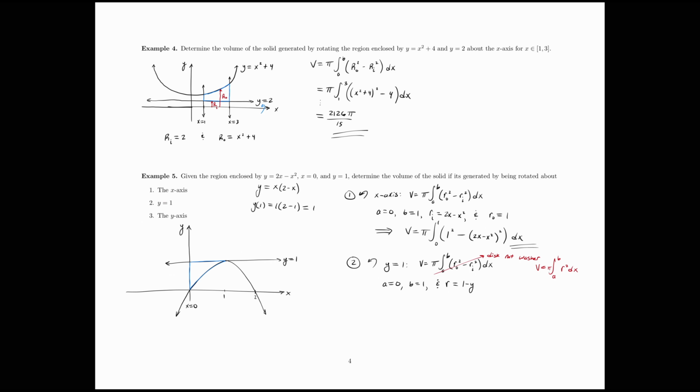We need things written in terms of x, so this would be 1 minus, and then on this curve, the relationship between x and y is given by this function. So we just have to swap out y for 2x minus x squared.